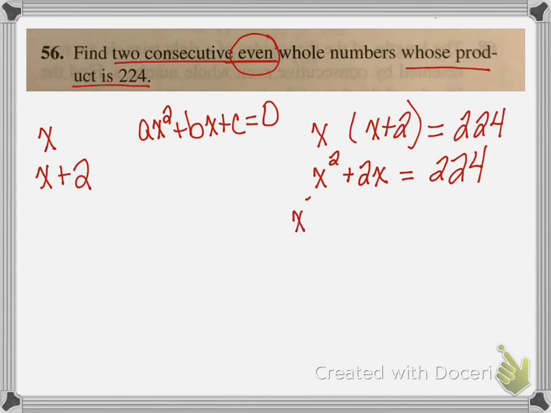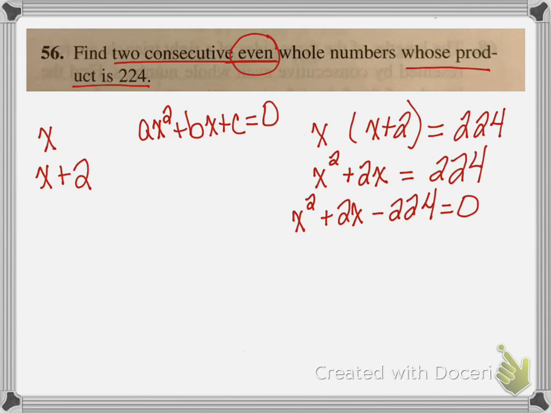So I have x squared plus 2x minus 224 equals 0. Okay? Now, I can factor this.